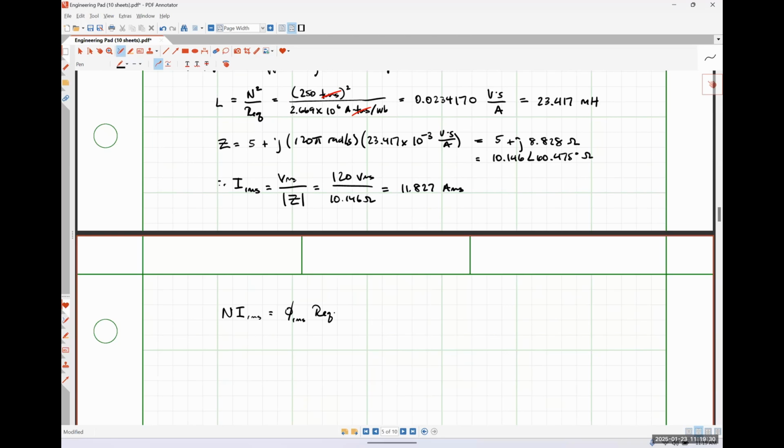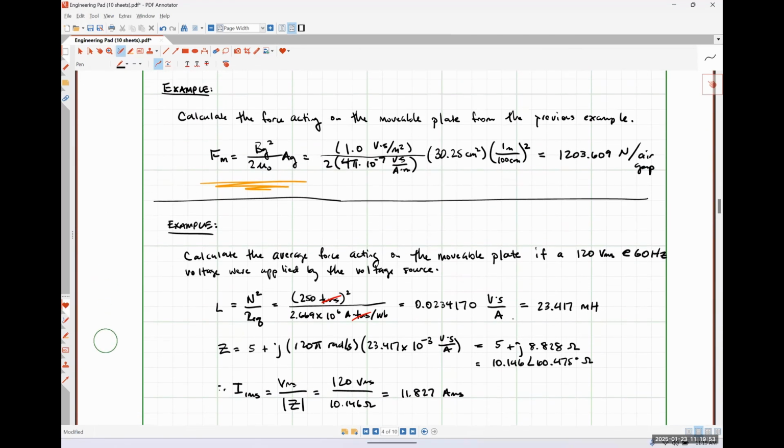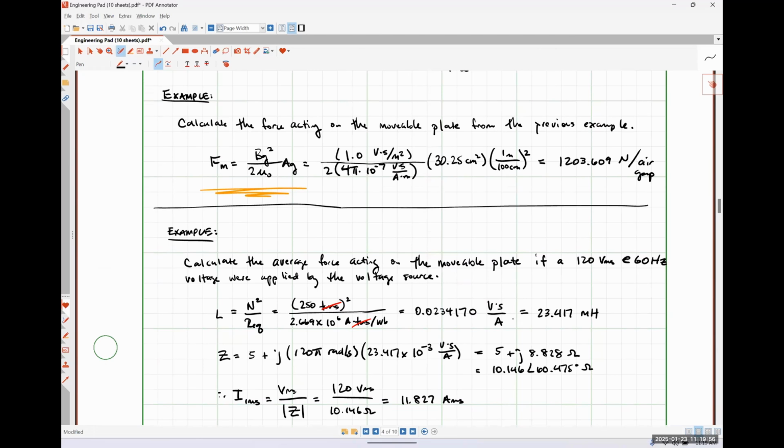How can I make this flux term relate to the B that I'm looking for? What's that relationship? B times A. Absolutely right. So I'm going to do B RMS times A. Let's see if we're doing magnetic flux density in the core or in the air gap, it doesn't matter, but I want to make sure I'm using the right area.